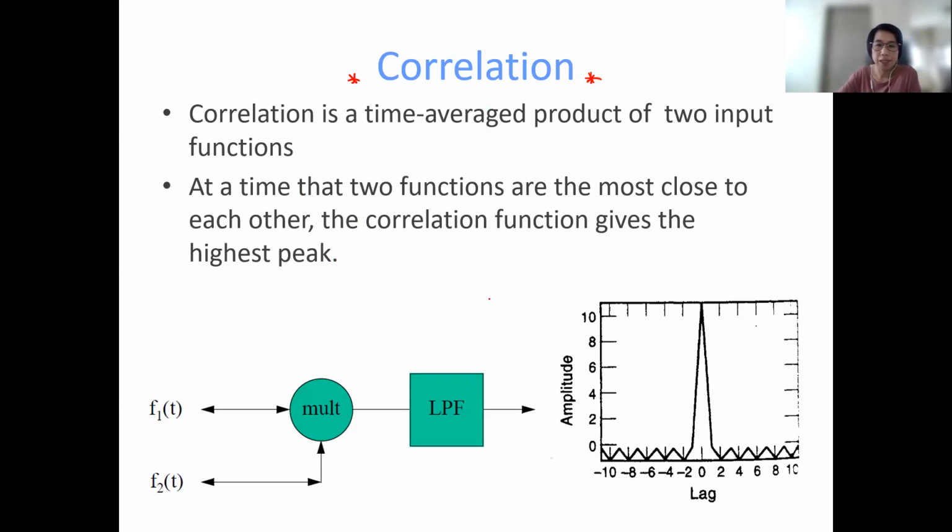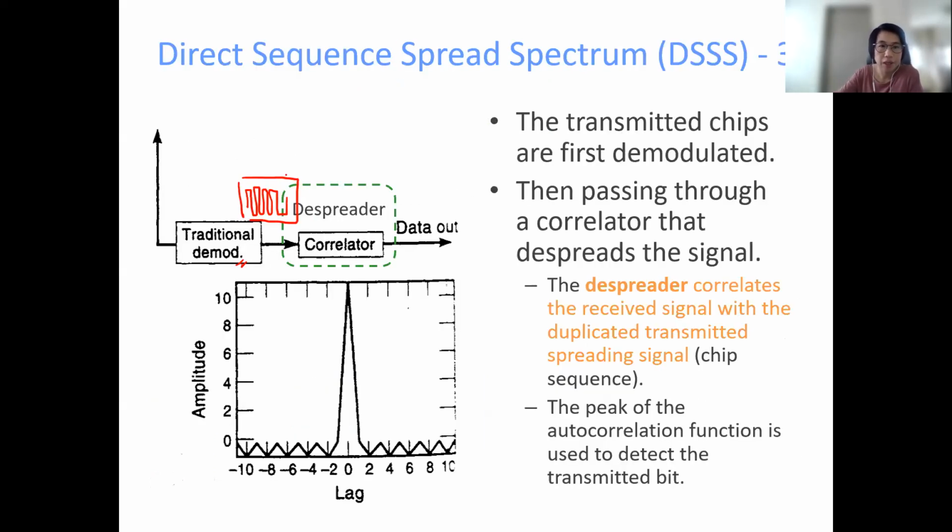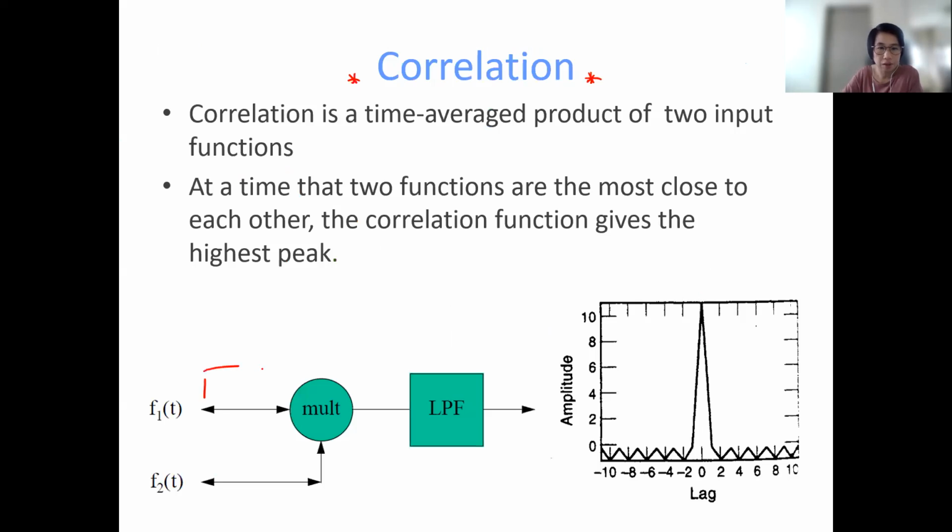So what it means in direct sequence spread spectrum is that you receive the signal and demodulate it, and then this block that you already demodulated will be compared with the chip code that you know beforehand.